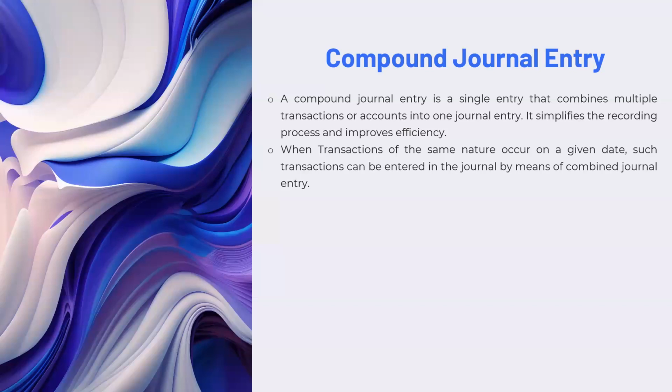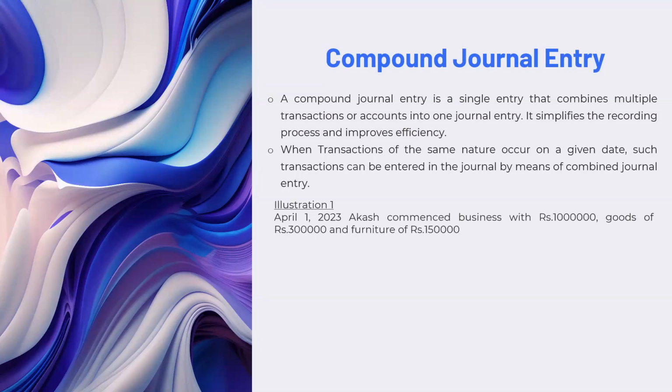So everything comes under cash, and everything comes under investment from the owner's side. Since there are multiple transactions taking place, everything comes under a single entry system. So these transactions can be entered in the journal by means of a combined journal entry.